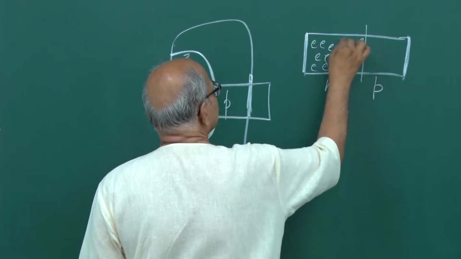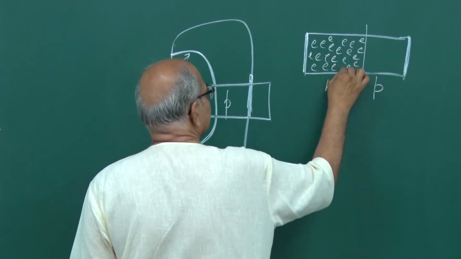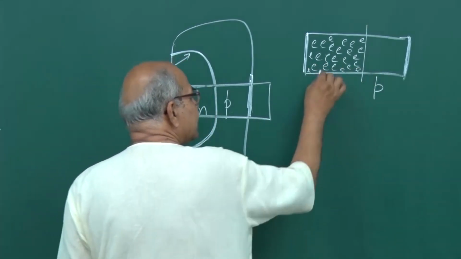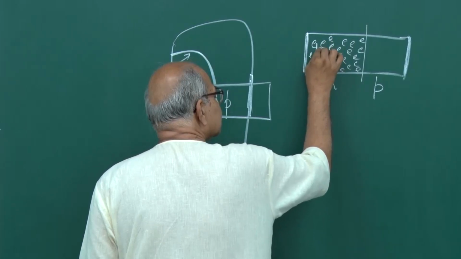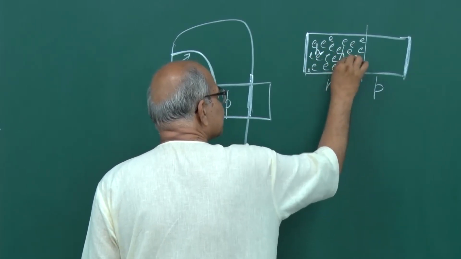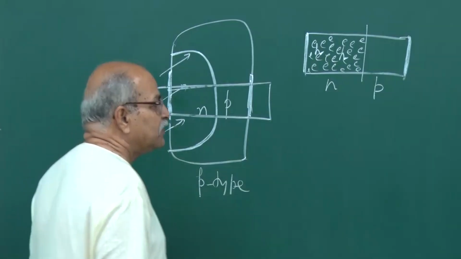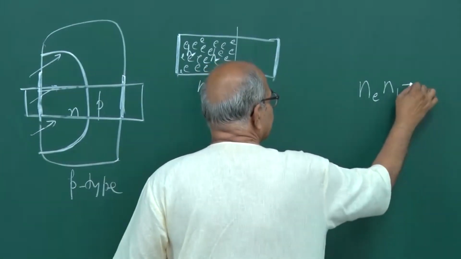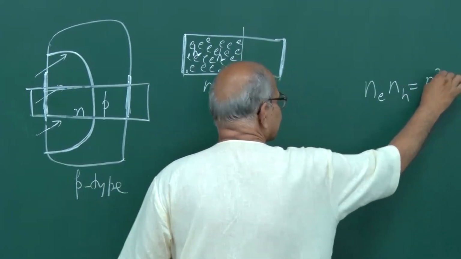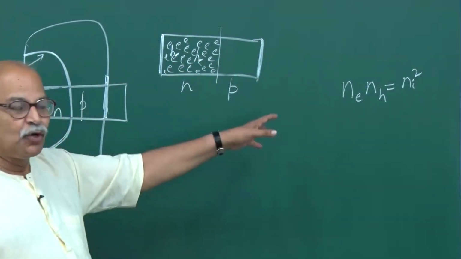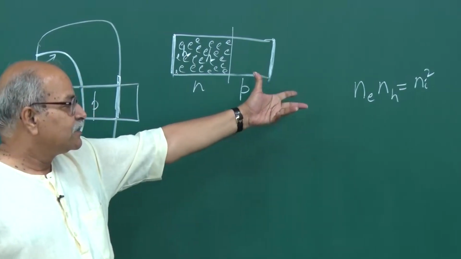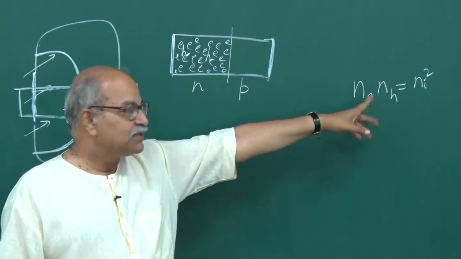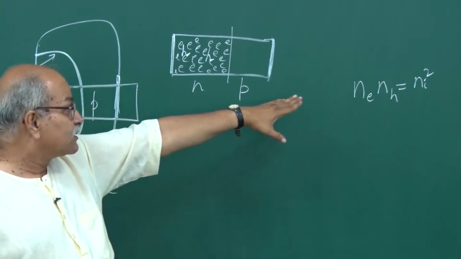You have a large number of free electrons here, and you have some holes here in between, a small amount. Remember, n_e into n_h, that is fixed, n_i squared. And for a ppm type doping, we had calculated that the number of holes reduces to a few thousands per centimeter cube, but they are still there.